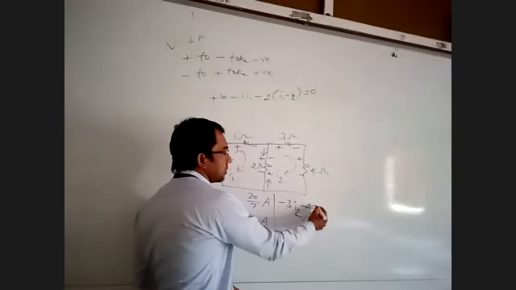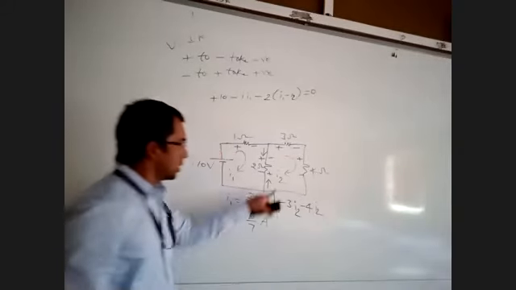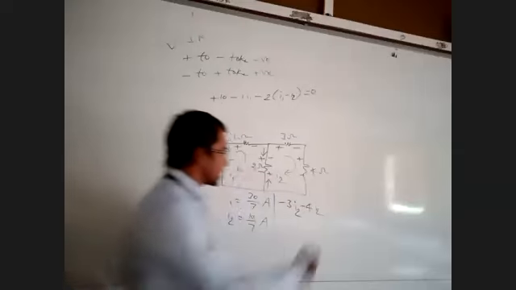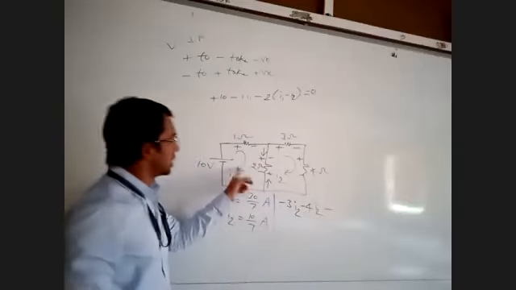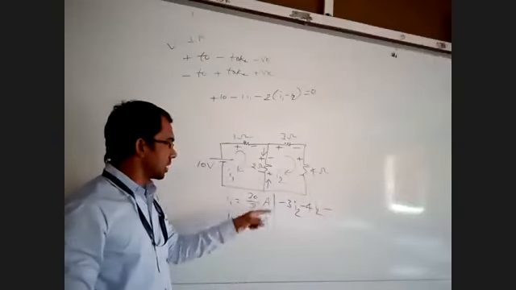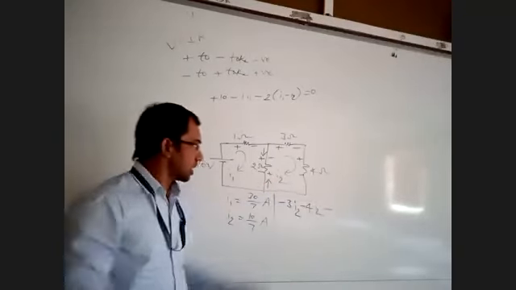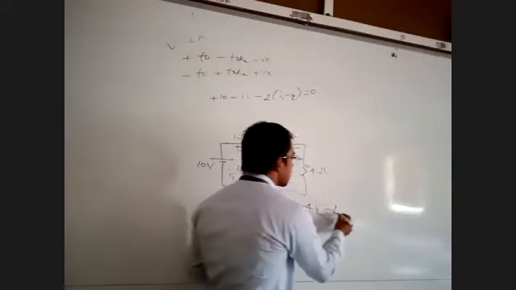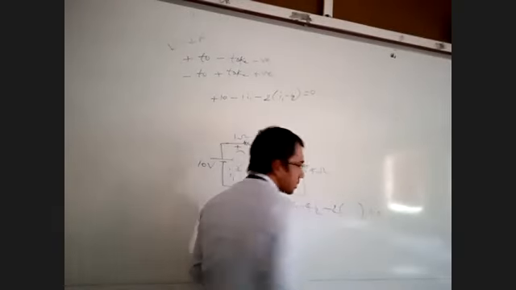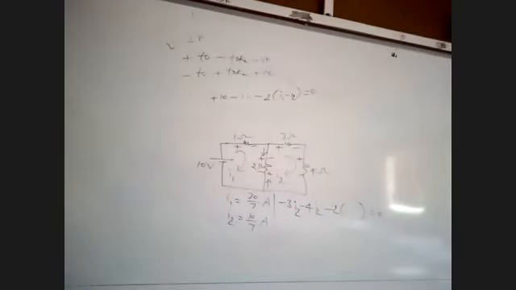What is the current flowing in the 4 ohms? I2, flowing from plus to minus. Similarly, I2 is also flowing from plus to minus through the 2 volts. Now, what current do we take in the shared resistor?